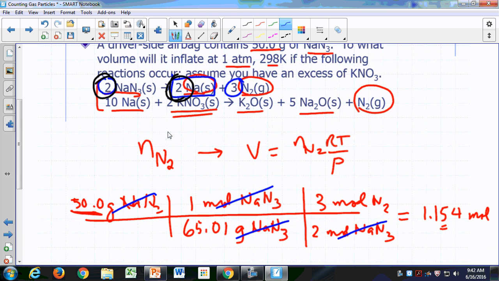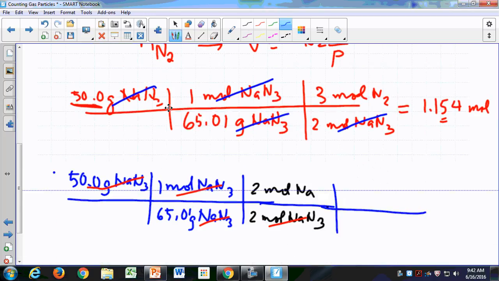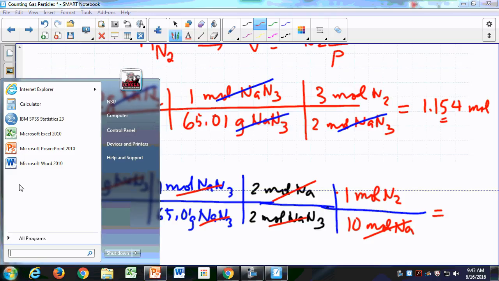The sodium to nitrogen ratio right here is 10 to 1: 1 mole of nitrogen gas for 10 moles of sodium. So times 1 mole of nitrogen for 10 moles of sodium. Moles of sodium cancels out here. This gives you moles of nitrogen from the second reaction.